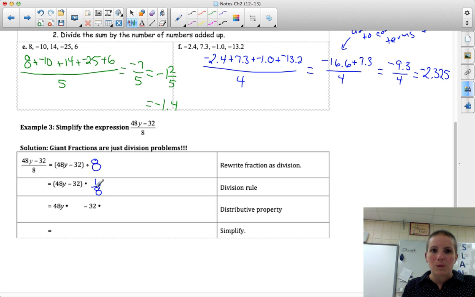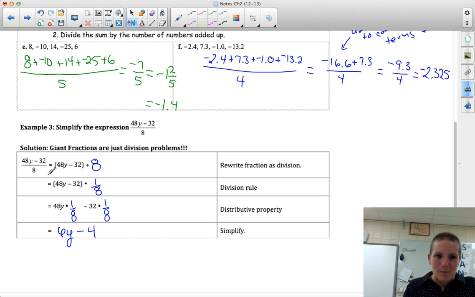And this is the distributive property, the one we talked about yesterday. So we're going to do 48y times 1/8 minus 32 times 1/8, and then we're going to simplify. 48y times 1/8 is going to give me 6y, minus 32 times 1/8 is going to give me -4.